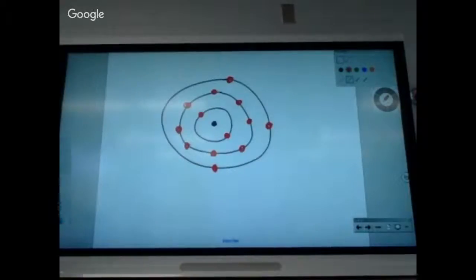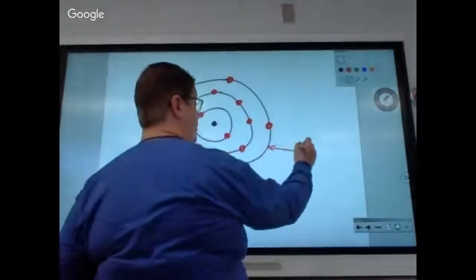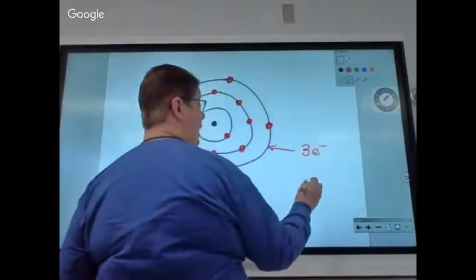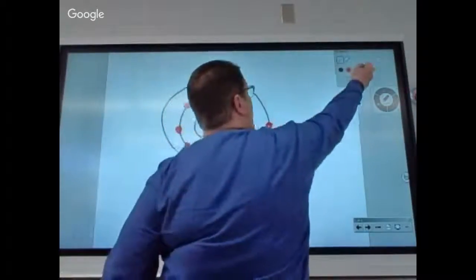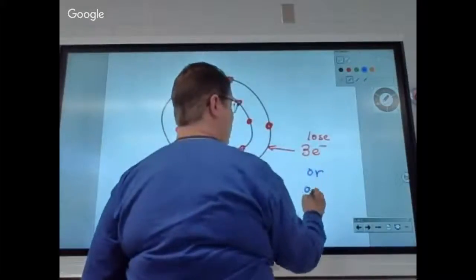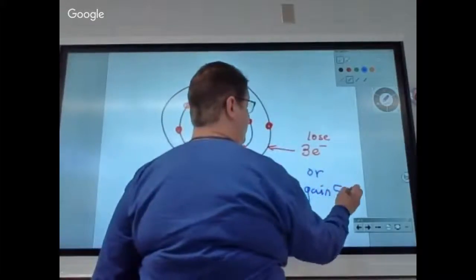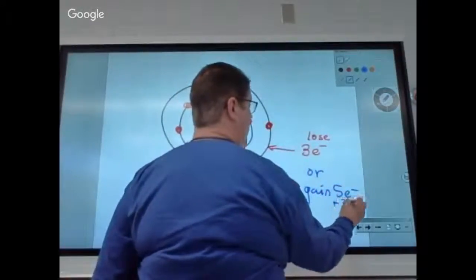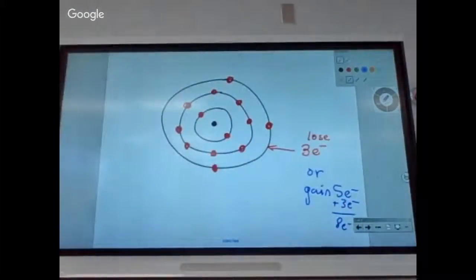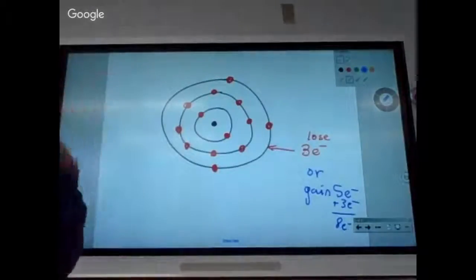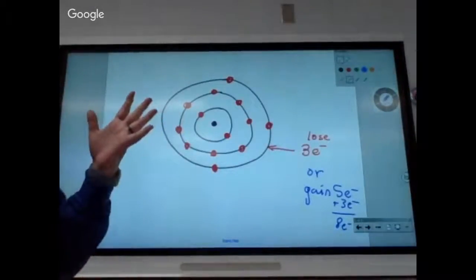So I already have 3 here. I can either lose these 3, or I can gain 5, because 5 plus 3 would give me 8. So what's easier in an atom's world? Finding 5 more or getting rid of the 3 it has?